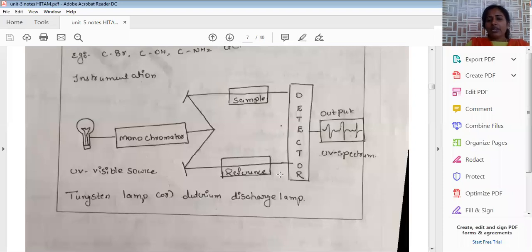The light emitted by these two compounds then enters the detector, where noisy signals can be discarded, the required signals are amplified, and the segregation of signals is possible. The signal is then sent to the final output, called a recorder, which gives the UV spectrum.